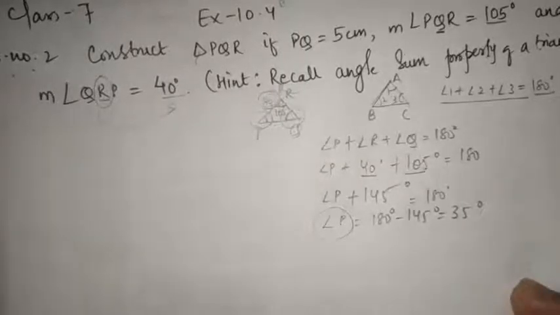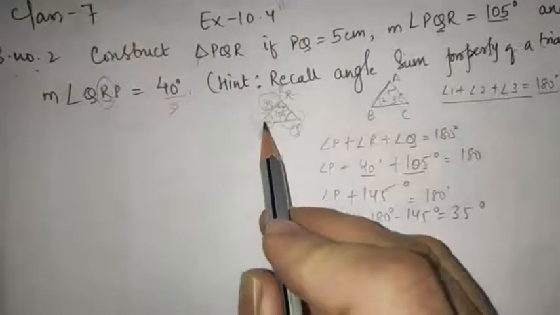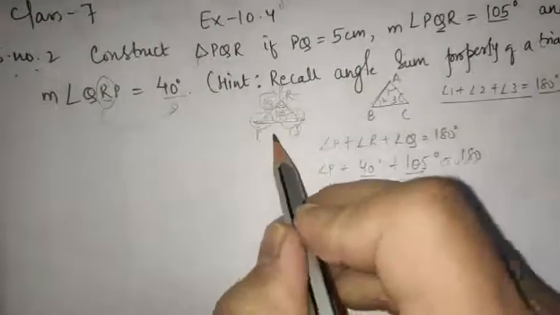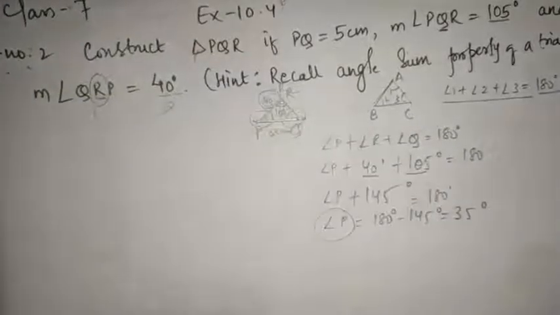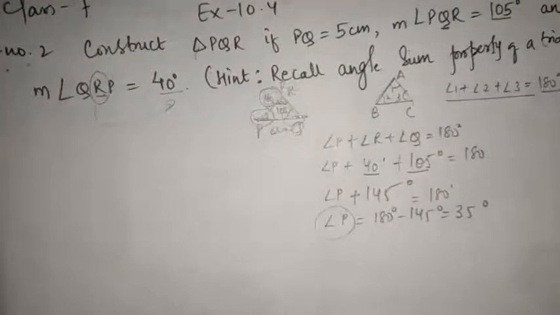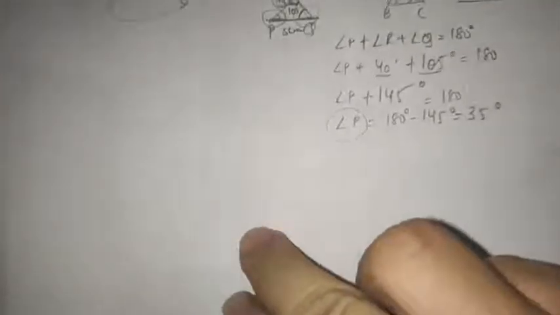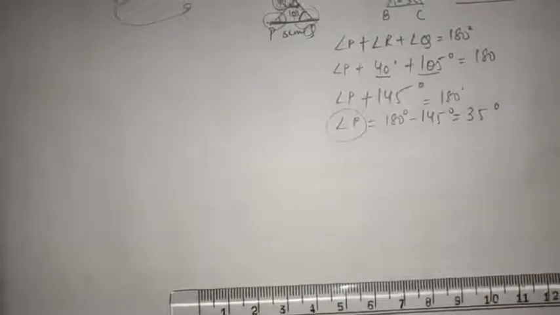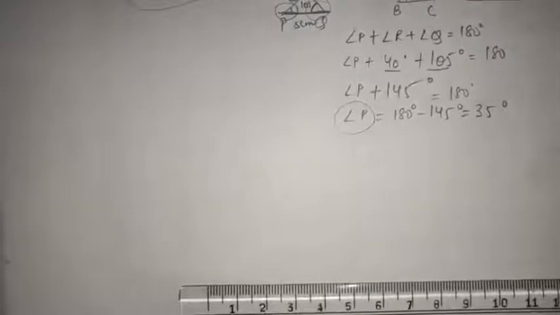Okay. So first of all, what we are going to do? We are going to make the side PQ, which is 5 centimeter given. Right, so let us draw a side which is 5 centimeter. So I'm drawing a side here which is 5 centimeter.